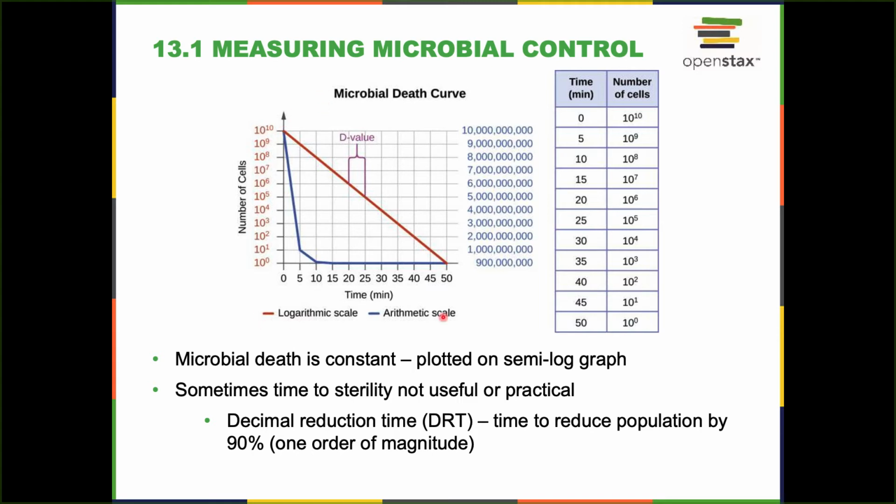This semi-log graph really allows us to see equal levels of decline. If we see here the decrease from 10 to the 10 to 10 to the 9, that's 10 billion to 1 billion. This decline is exactly the same as here, which goes from 10 to 1.